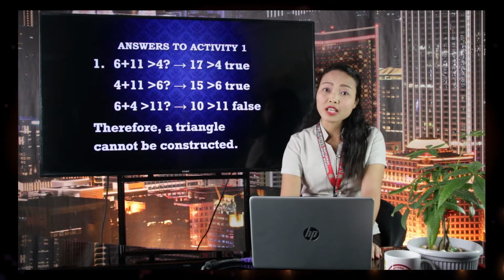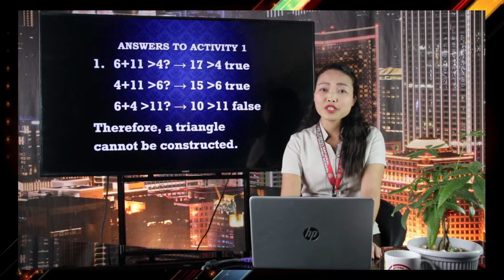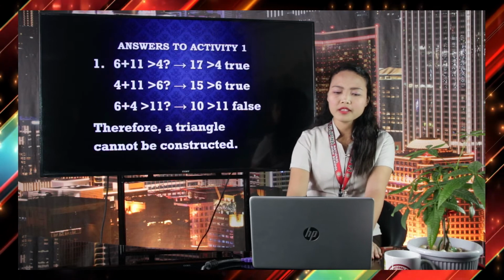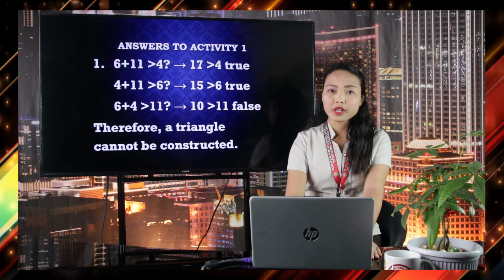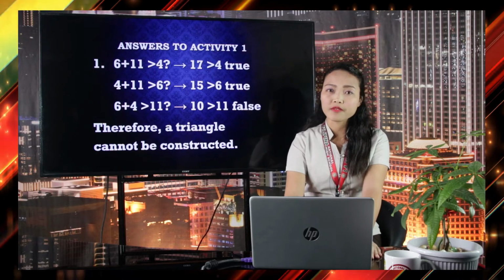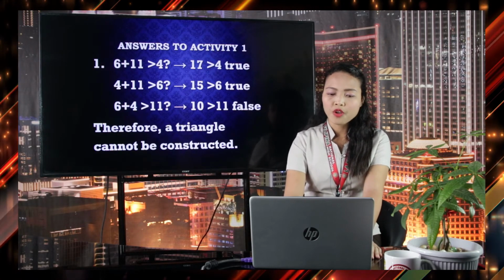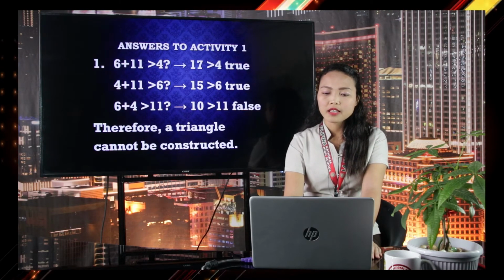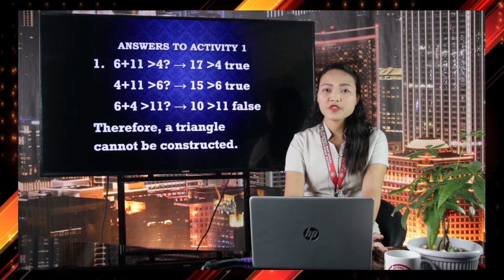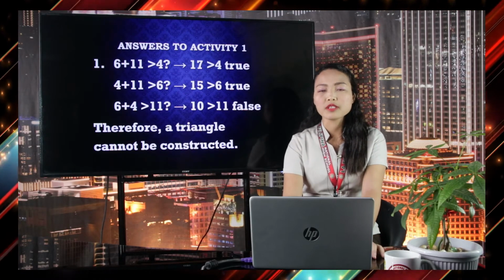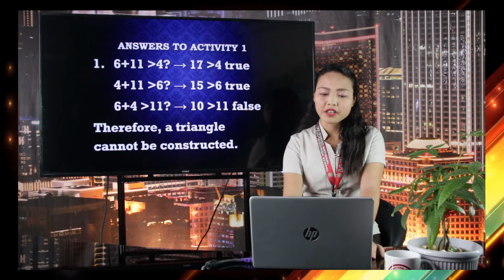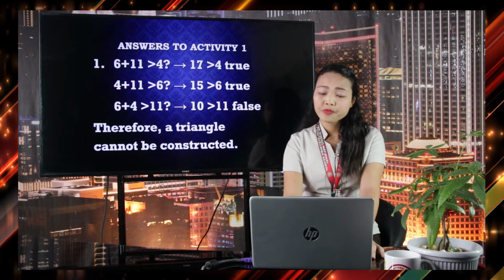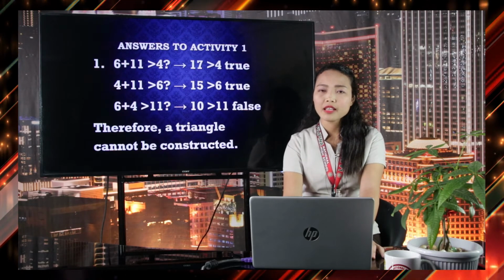Why is it that only the second set can form a triangle? Why can the first set not form a triangle? For number 1, 6 plus 11 greater than 4. 6 plus 11 equals 17, greater than 4, and that is true. 4 plus 11 is 15, and that is greater than 6, also true. 6 plus 4 greater than 11: that equals 10, and 10 greater than 11 is false. Why false? Because 10 is less than 11.